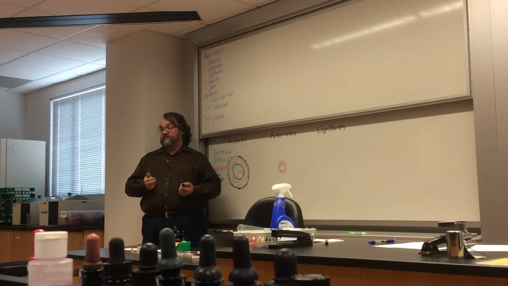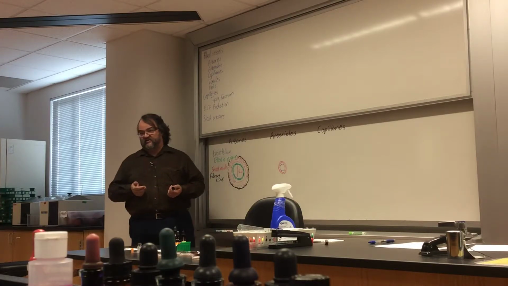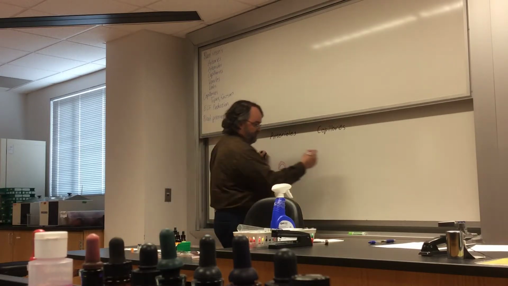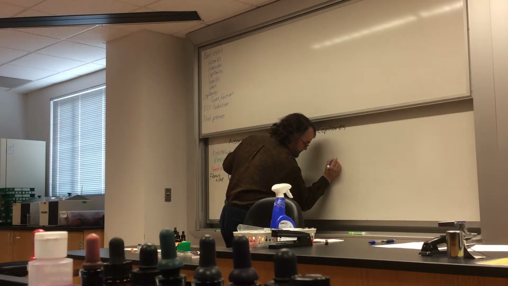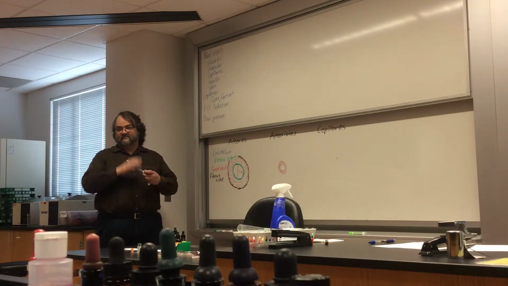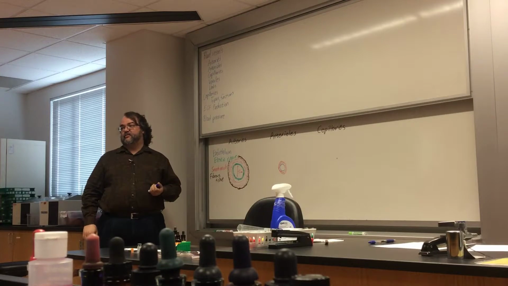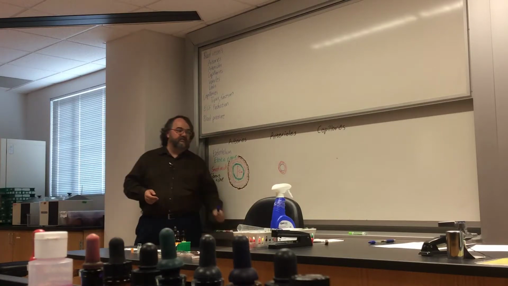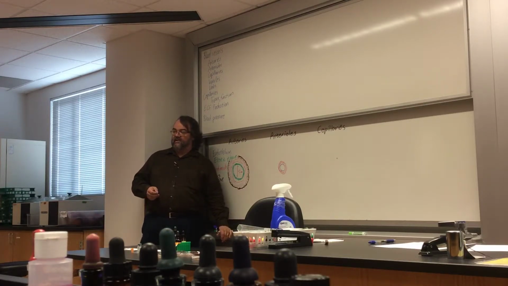The walls are thin enough for diffusion or active transport in some cases. And their drawing will look like this. Just endothelium, one cell layer, and its basal lamina. So one layer of cells.